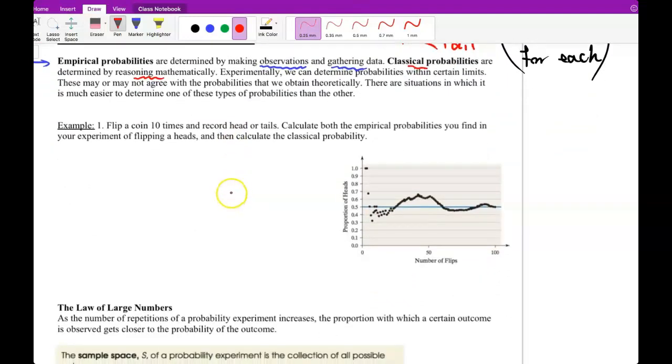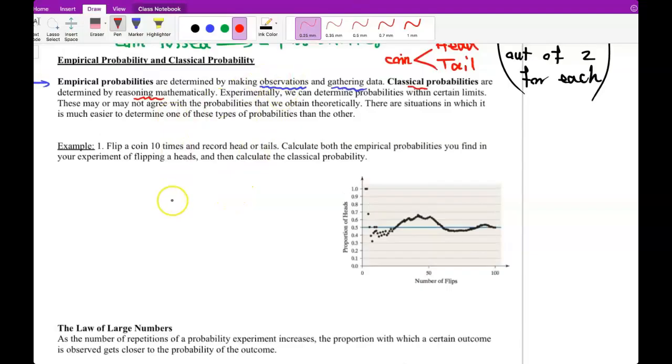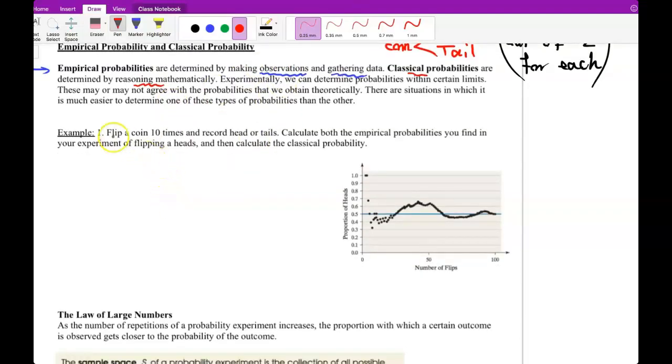Now let's work on example number 1 and apply these two on this part. Example number 1, flip a coin 10 times and record heads or tails. Calculate both the empirical probability you find in your experiment of flipping heads and then calculate the classical probability. So we should flip this one 10 times and record head or tails.